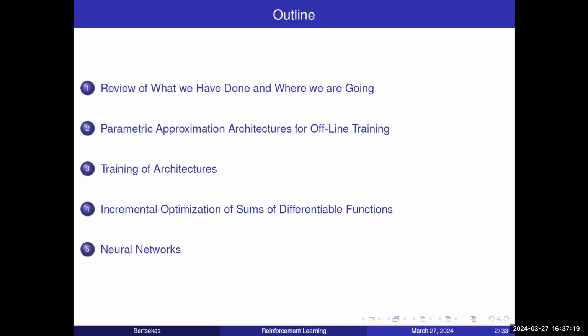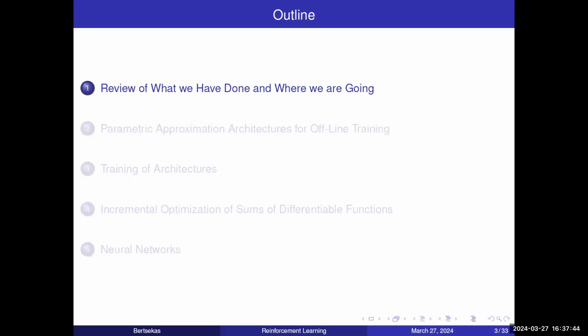After that, we're going to talk a little bit about neural networks and connect them with the previous incremental optimization algorithms. We're also going to talk briefly about some key innovations that enable the training or the use of deep neural networks.